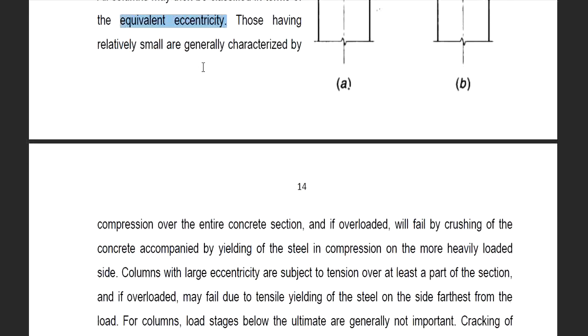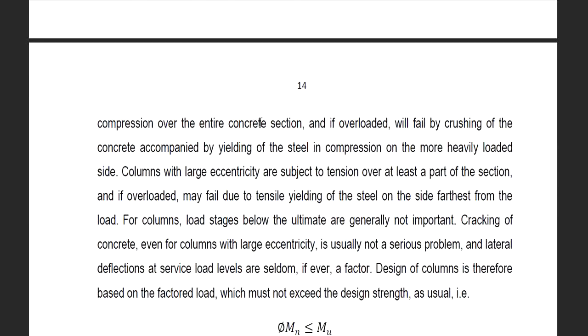So whenever there is a heavy axial load, the entire section will be in the compression zone, and if overloaded it will fail by crushing. As the column is axially loaded, the entire column section will be in compression.